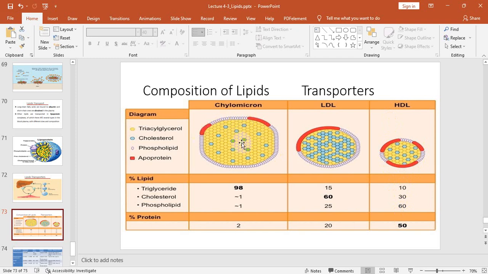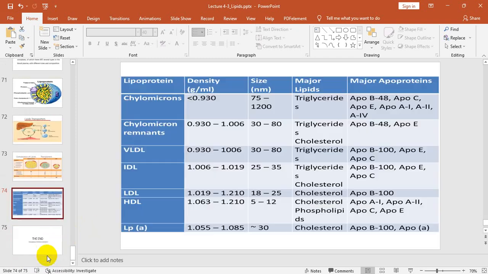So it's also bad. The low density lipoprotein is very bad because it has low protein, more cholesterol. So look at this table, the apple, B, and the rest, and see what's happening. This is a very quick note.